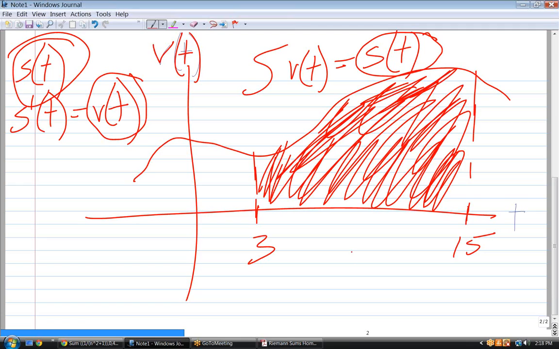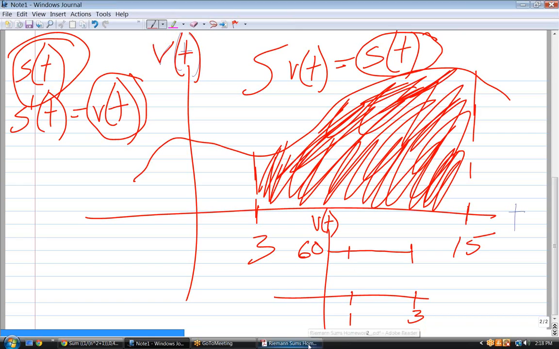Okay. Let me give a more straightforward explanation of it. Let's say we travel at 60 miles an hour. This is the velocity function. And we go for 3 hours. Well, from hour 1 to hour 3, that's 2 hours. At 60 miles an hour, we're going to go 120 miles. It's the area under that curve. Notice that's a rectangle. We don't need calculus to figure that out.